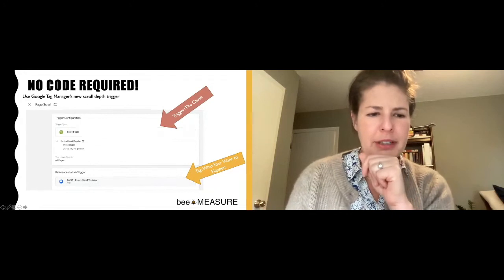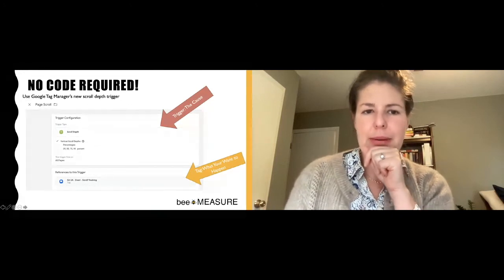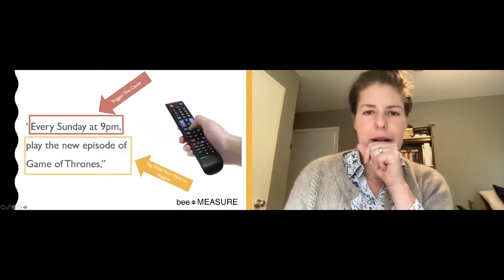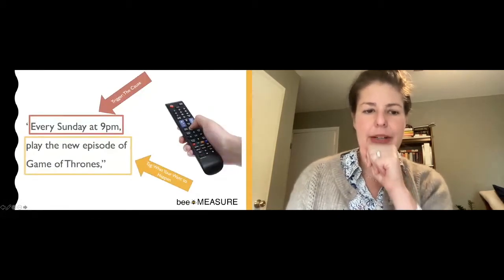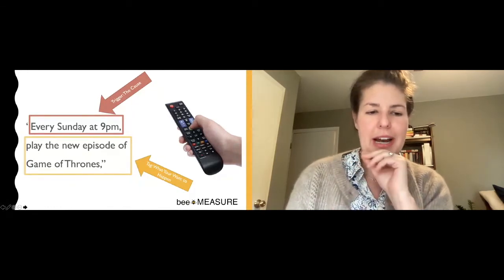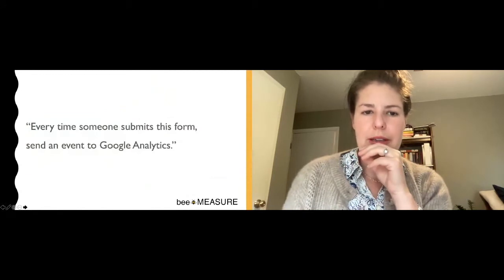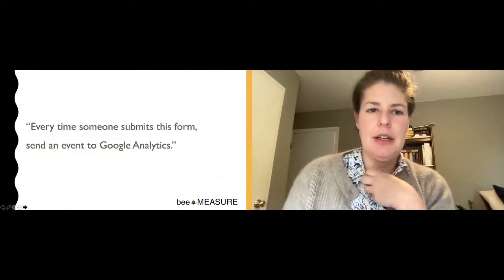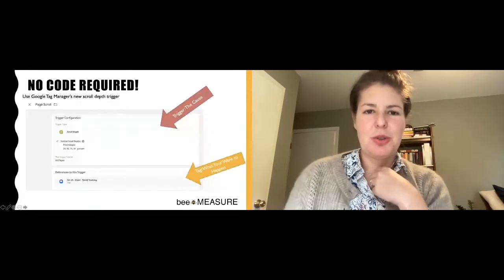So just like our example back here, right, where we have a cause and then we have a tag. So we have a cause, the trigger, and then we have a tag, which is what happens, what you want to do or send. We're going to have the same thing with the Google Tag Manager scrolling.